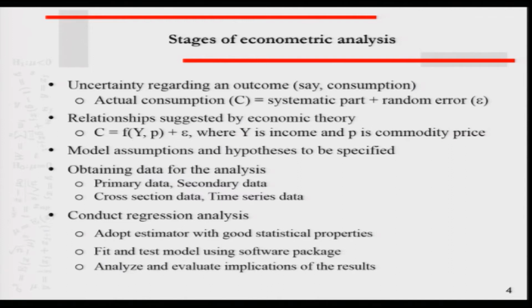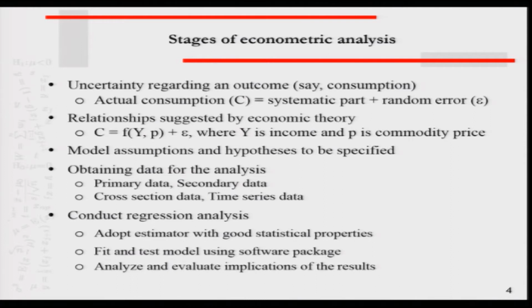Here Y is income and p is the commodity price, right. Of course, as this relationship emerges from economic theory, you have certain economic theoretical modeling assumptions, and then you specify or form your hypothesis regarding that, and then you obtain data for the analysis.